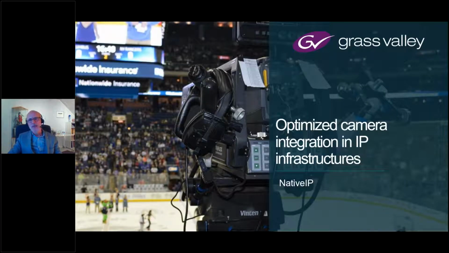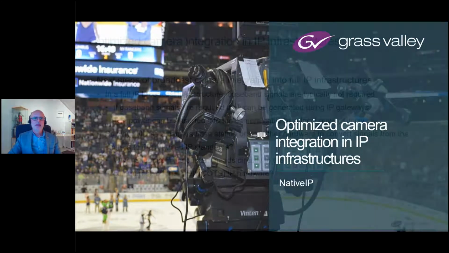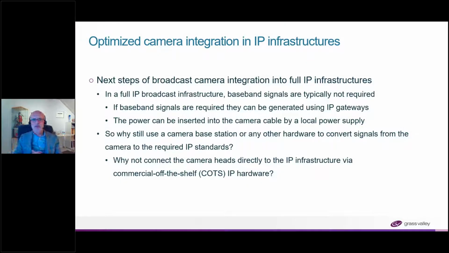But the development continued, and people were asking what the next steps of camera integration into full IP infrastructures could be. Once you have a full IP broadcast infrastructure, typically baseband signals are not required anymore. Even if baseband signals are required in a smaller number, they can be generated by using IP gateway cards. And the power required to operate a camera can be inserted into the camera cable by a local power supply.